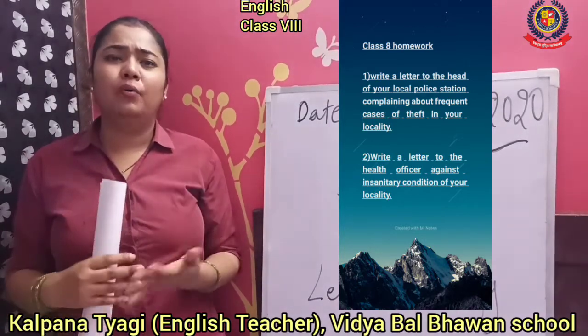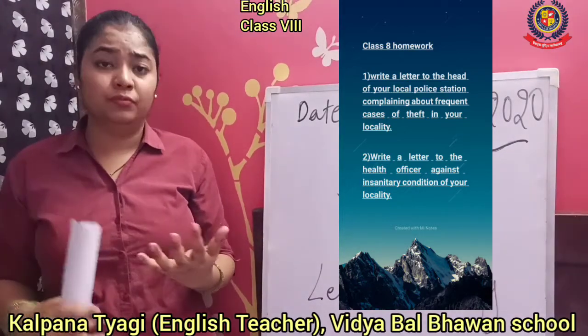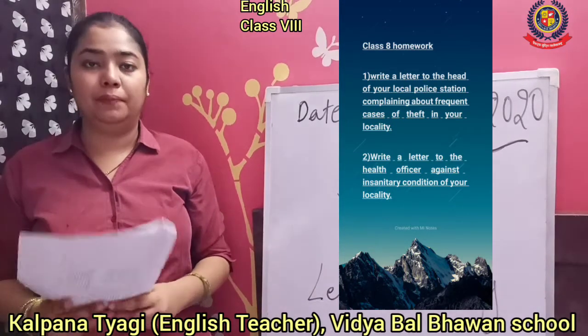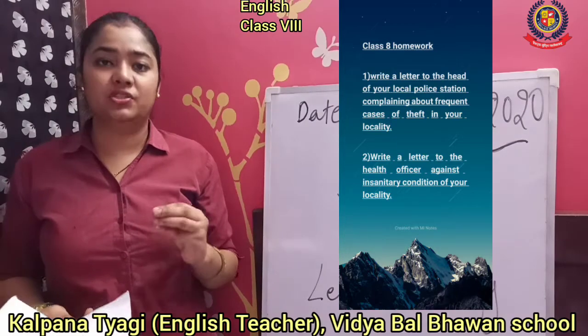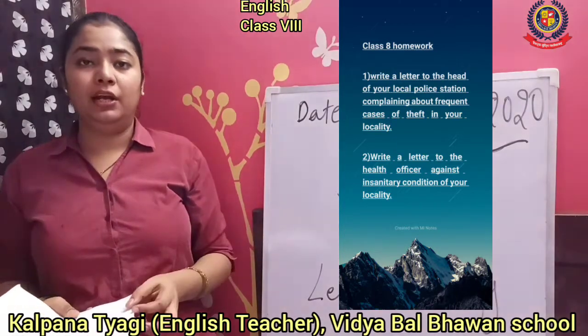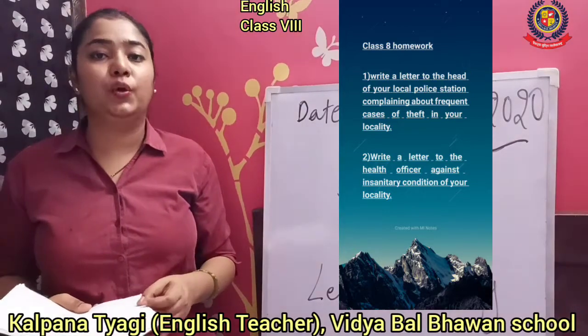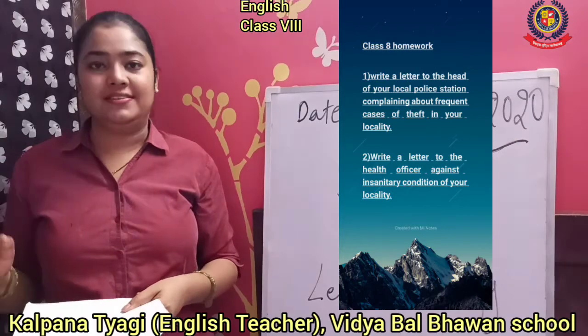You can write about the problems you are facing nowadays, the dust and heaps of dust, smelly water, for which you need help to clean the street. So in the last paragraph of the body, you have to request the authority to help you clean it.